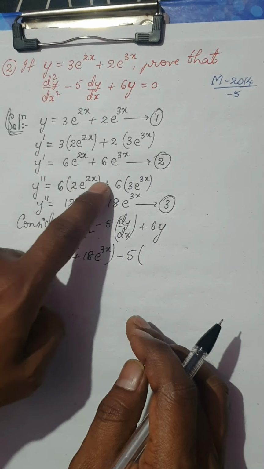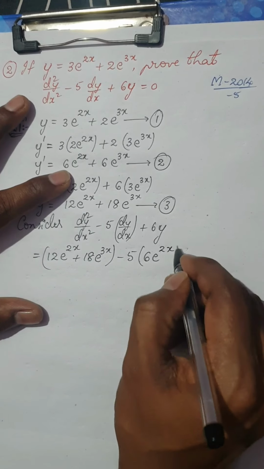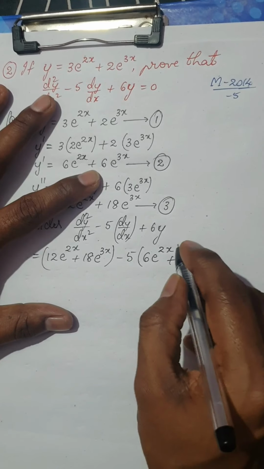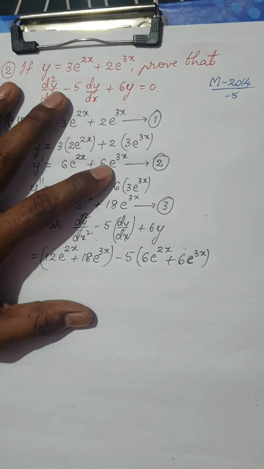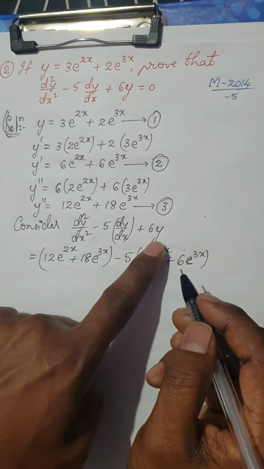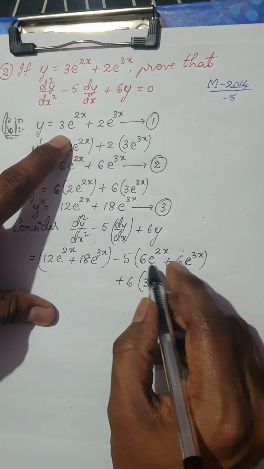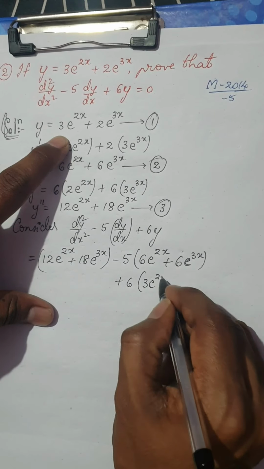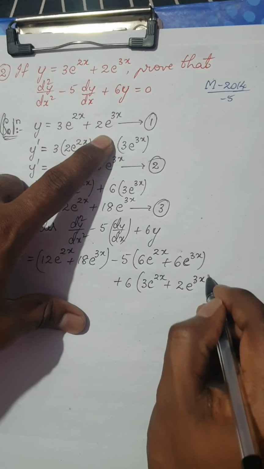So, dy by dx I already have here: 6 into e power 2x plus 6 into e power 3x. Is it clear? Next, plus 6 times y. What is y? y is 3 into e power 2x plus 2 into e power 3x.